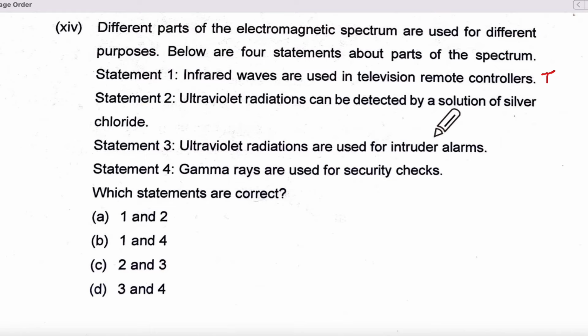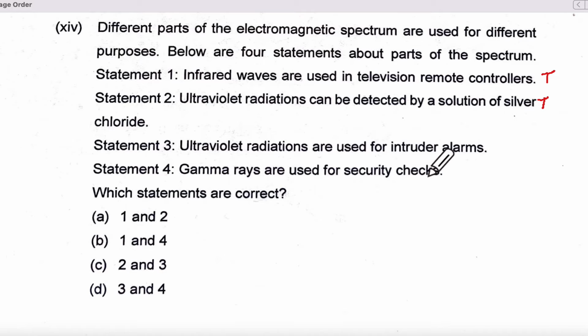Okay, now UV radiations affect the silver chloride solution, correct? Yes, true, ma'am. Because the color changes from violet to brown to black, no? Brown to black, है ना? UV radiations are for intruder alarms. Intruder alarms is IR, if I'm not mistaken.